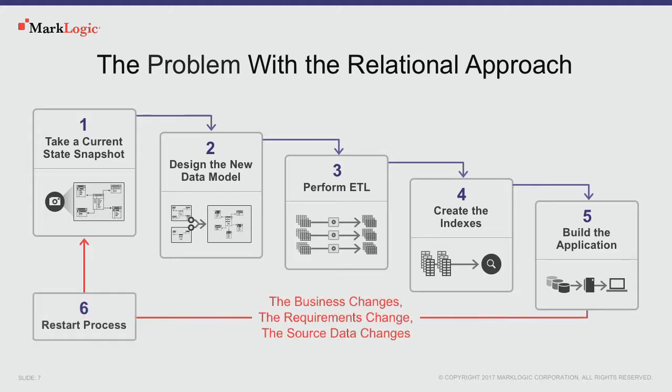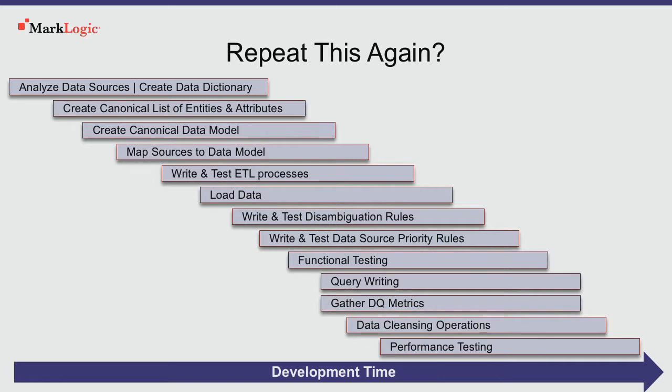And when it does, things change, and you're left with this again. And do we really have to repeat this again? The reality is, if enough things changed, or if anything changed, especially if you got a new data source or changes to the existing data sources, you're going to have to repeat these steps.